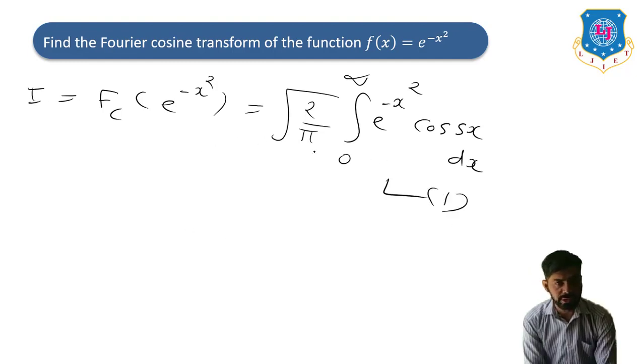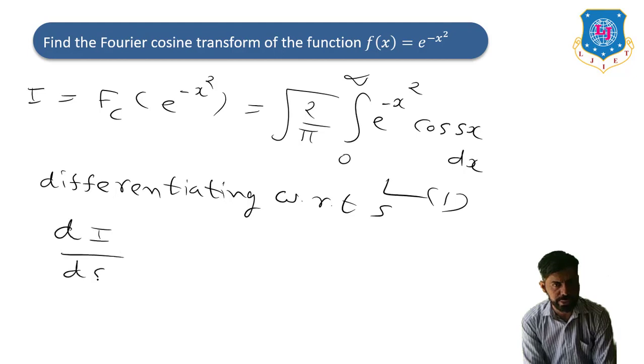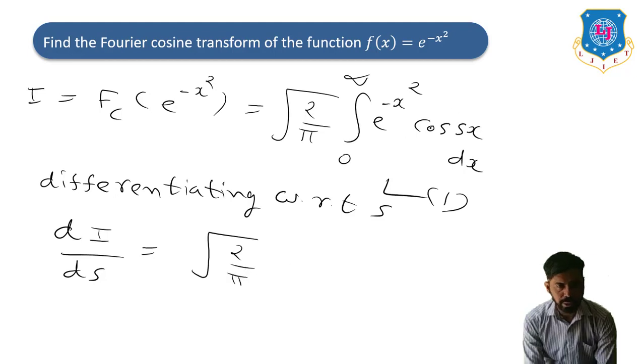Now we will differentiate both sides with respect to s. Differentiating with respect to s, so this will become dI by ds, that is equal to square root 2 divided by pi. Now here the derivative of cos sx with respect to s will be minus x into sine sx. Okay, so here minus will be common.